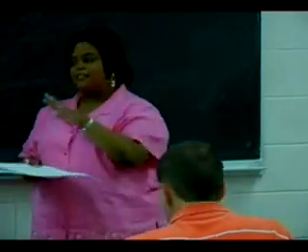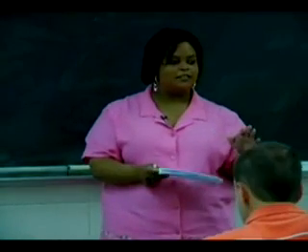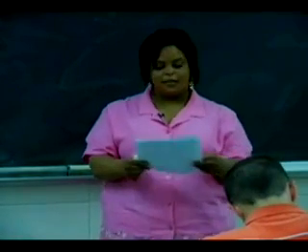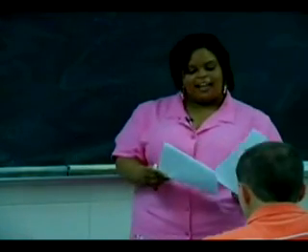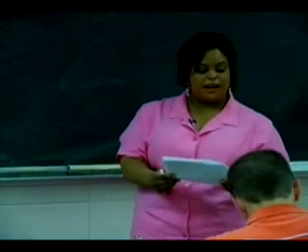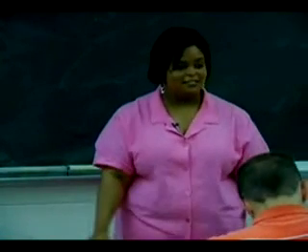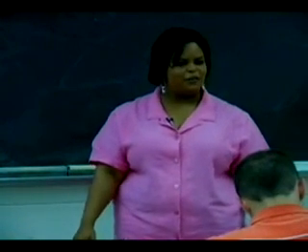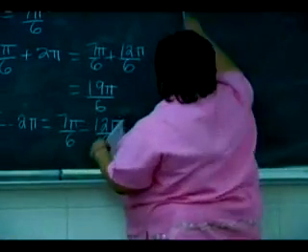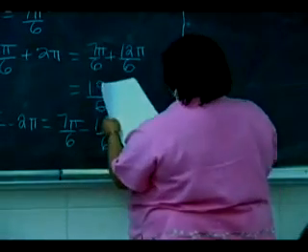Other questions? Okay. I don't think we're going to get through all this today, but we're going to try to get as far as we can. Complementary and supplementary angles. Have we heard of that before? Have we heard those terms? Complementary and supplementary angles. Let's talk about what that means.